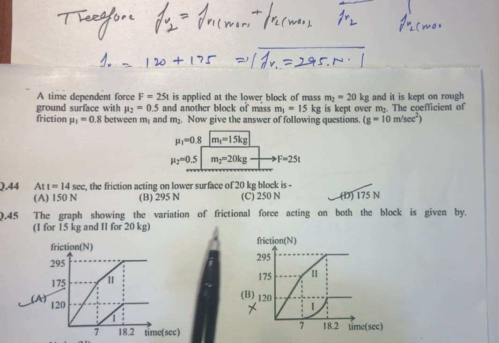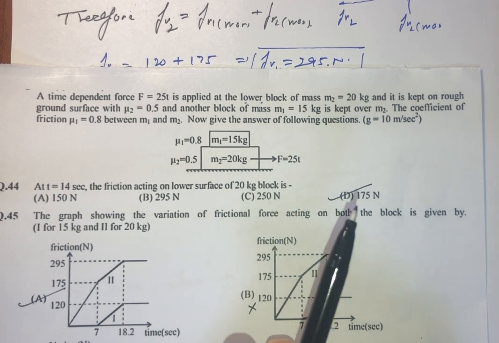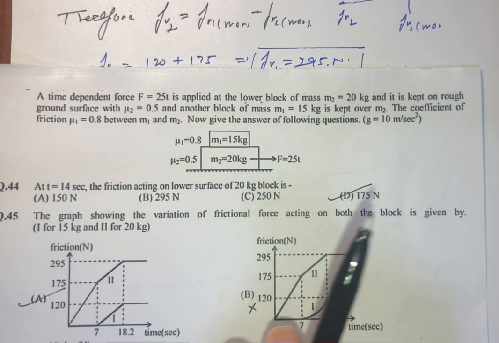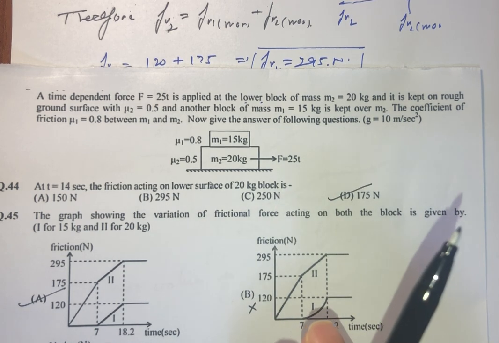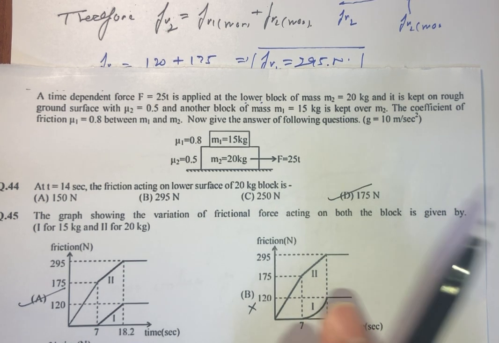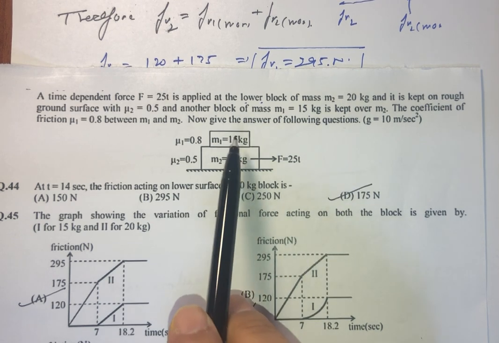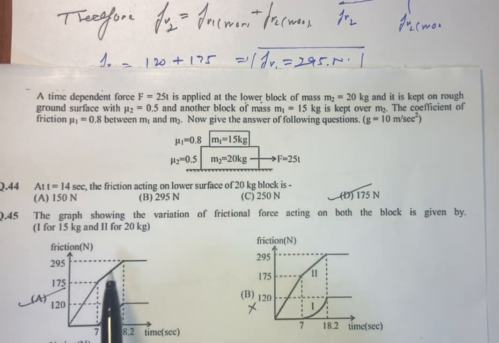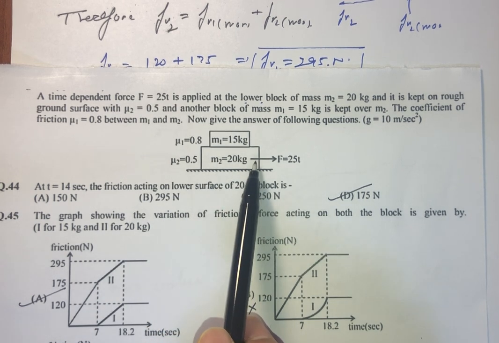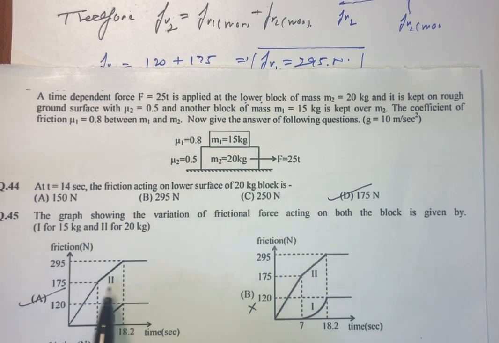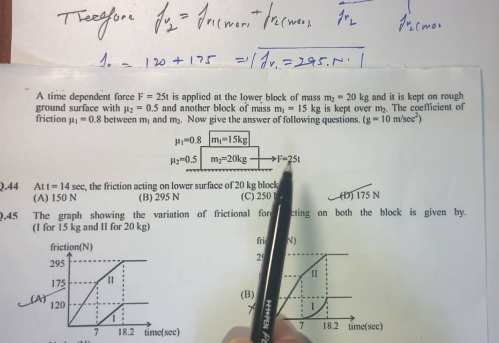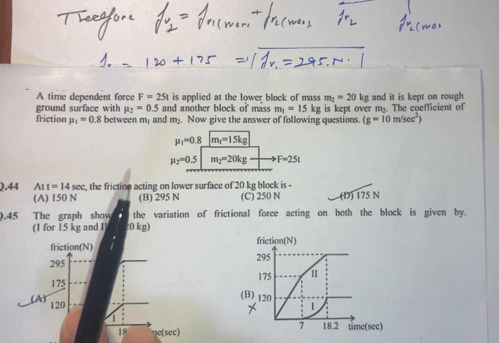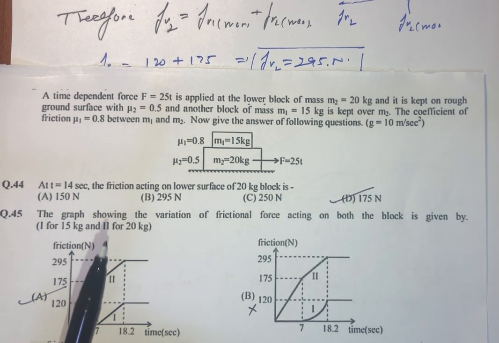As the force is being applied, the friction is also going to increase linearly. And after that, as the body is going to accelerate, the friction is going to have a different value depending upon the various configuration. As here it was a relative motion, so that's why it increased more. If there would have been only one block, 175 would have been a constant value. So this is the basic between your time dependent forces when applied on a block.